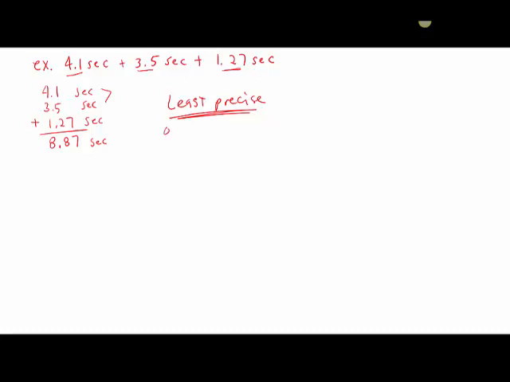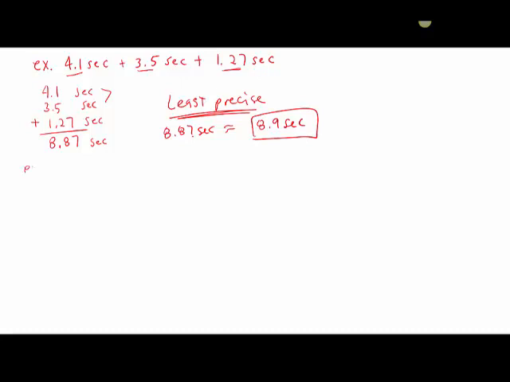So we need to round 8.87 seconds to the nearest tenth. When we round that, we look at the number behind it, and 8.87 is going to round to 8.9 seconds. And that's going to be our final value.